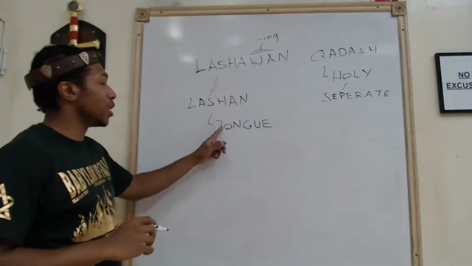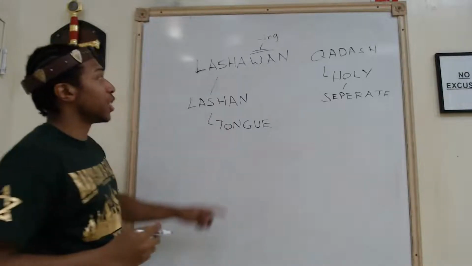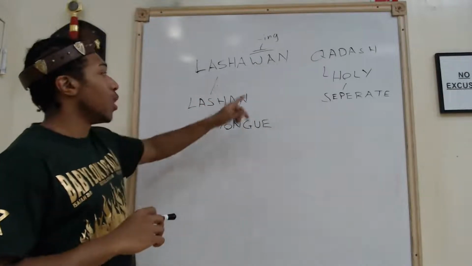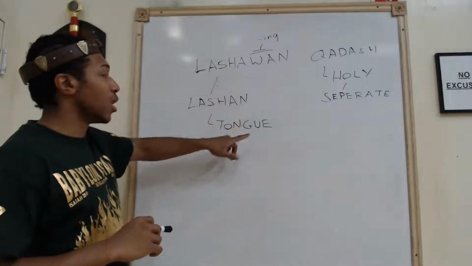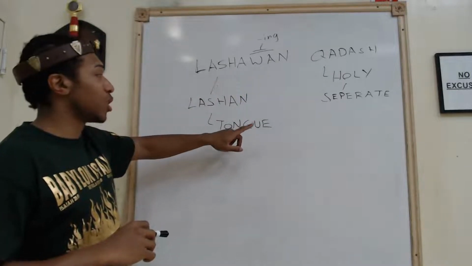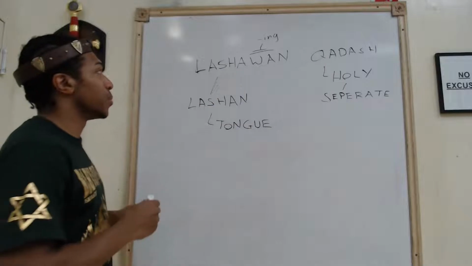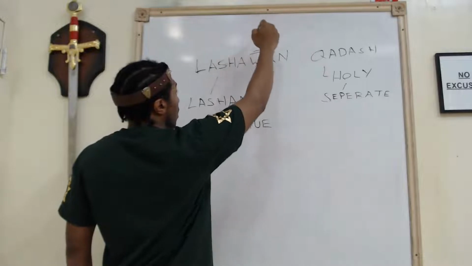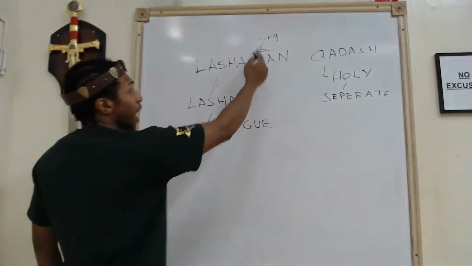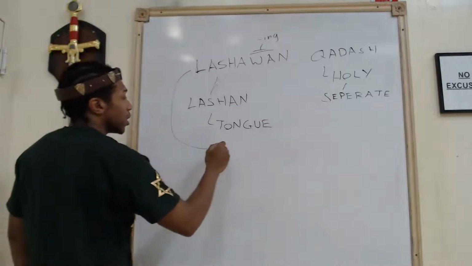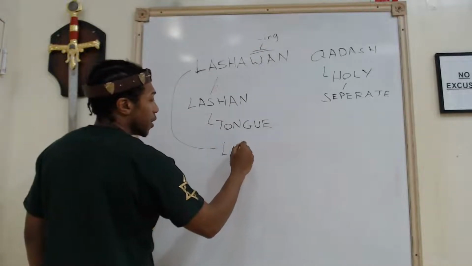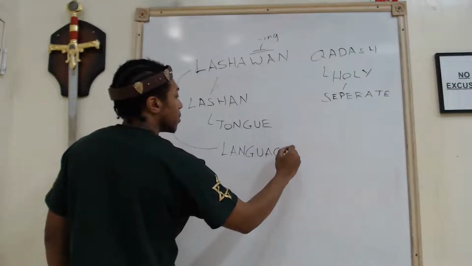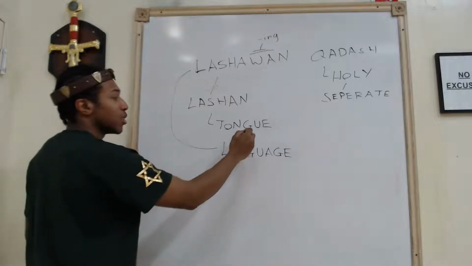So even though tongue is a noun, it is changed to a verb because the wa is in there, meaning, what is the tongue doing? It is an action word, and it means your language. So Lashawan with the -ing becomes like a language. It's the thing that your tongue does.